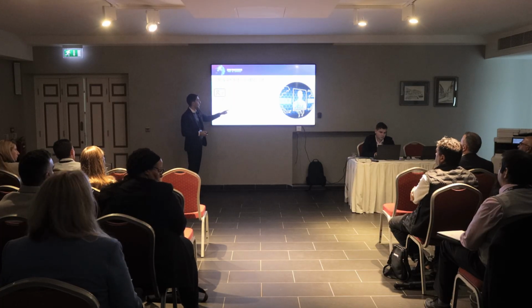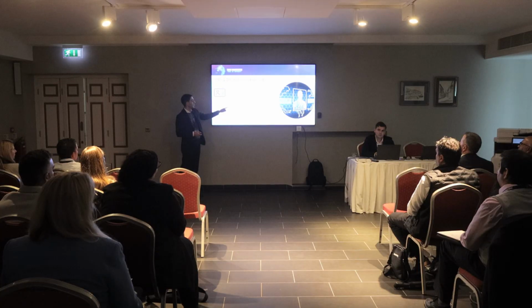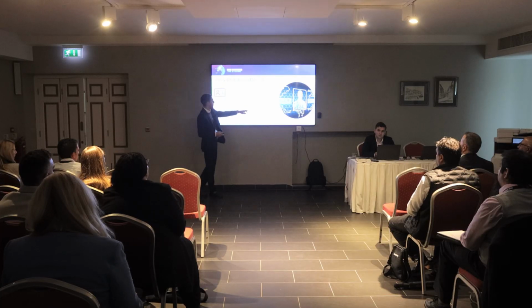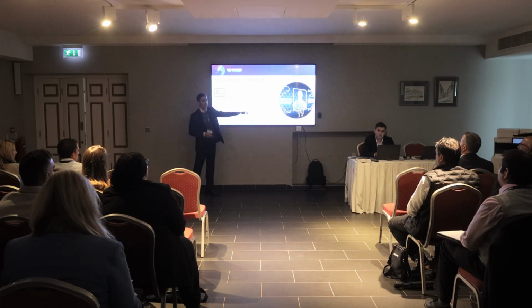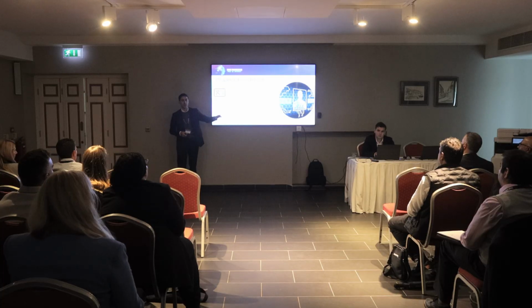And the second key element within the digital identity wallets is the electronic attestation of attributes. To give you an idea of what an attribute is, following the definition contained within the EUDI regulation, an attribute is a feature, characteristic, or quality of a natural or legal person or of an entity.